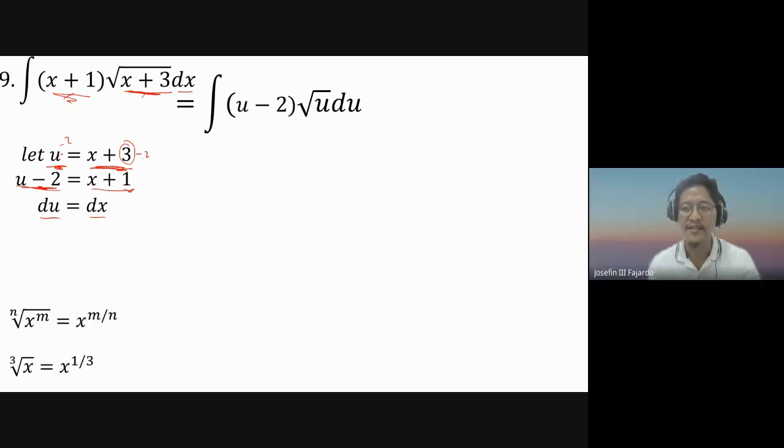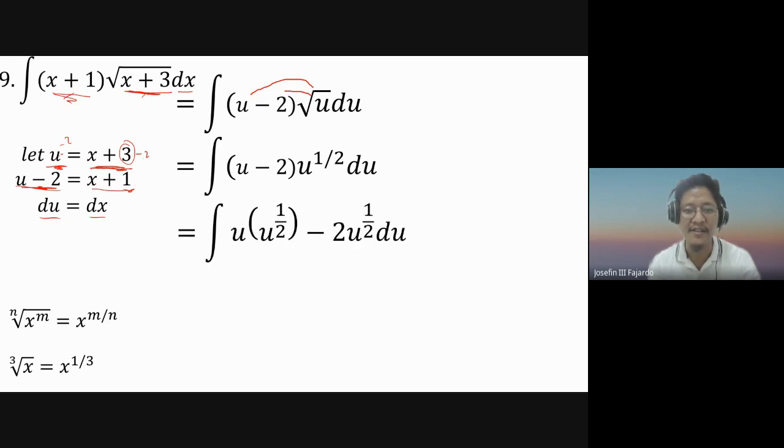Okay lang yan. Then now, i-distribute ulit natin ito dito. But before that, we can write again this as exponent pala and then distribute. So we have this.